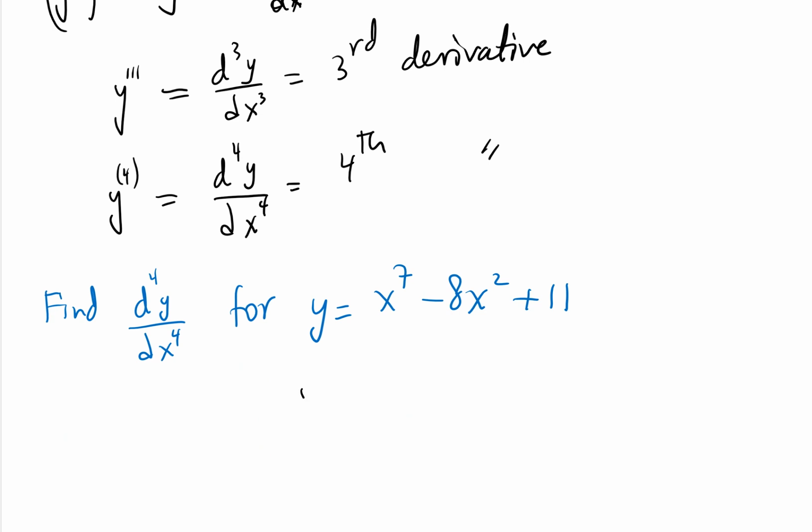To do that, we need to find the first derivative. Very easy, by the power rule. 7x to the 6, minus 16x, plus 0.